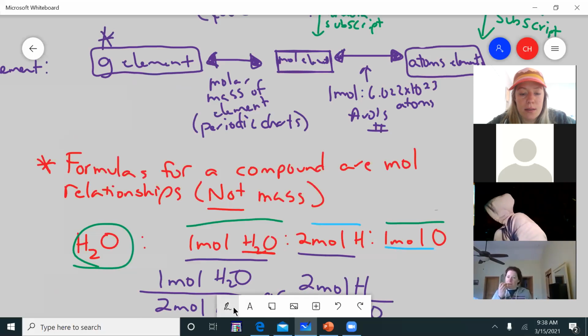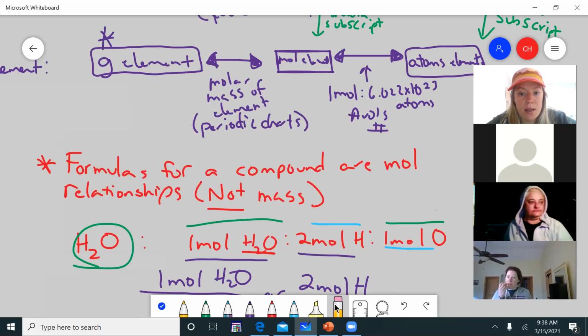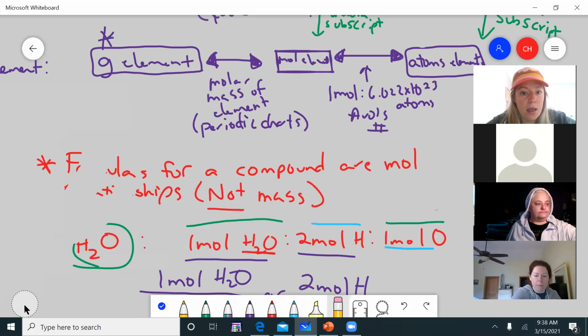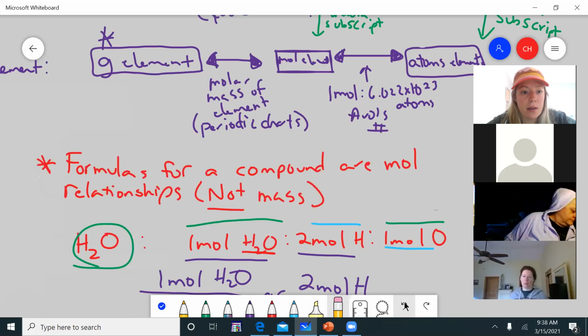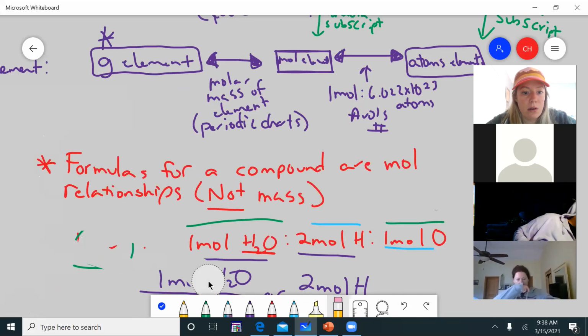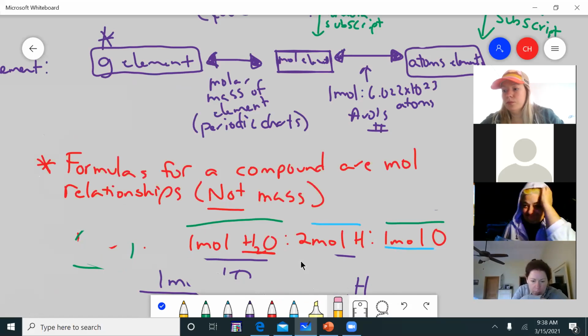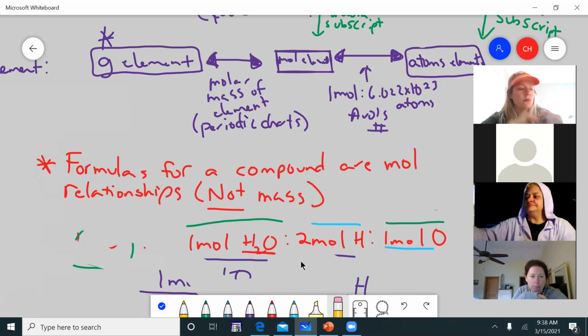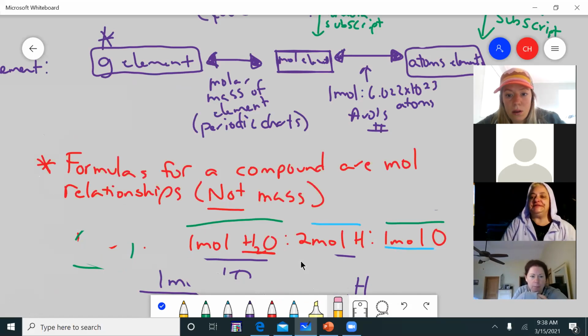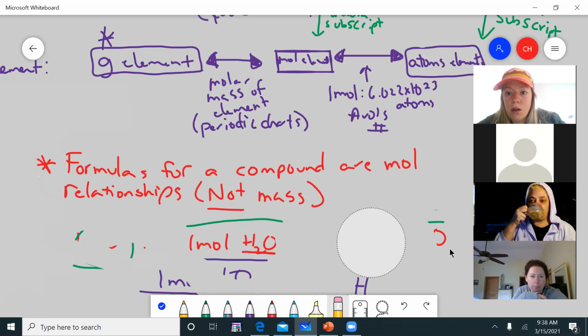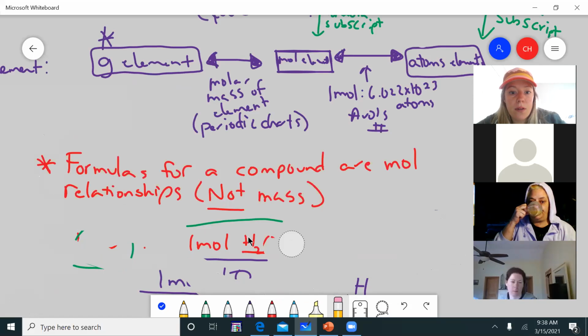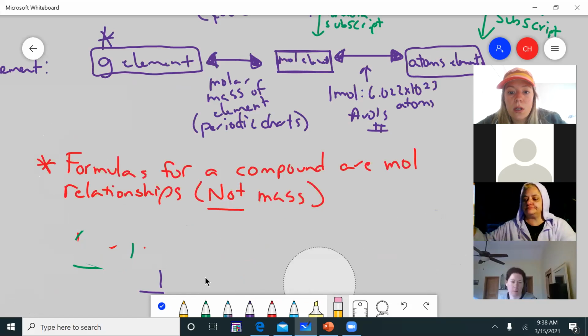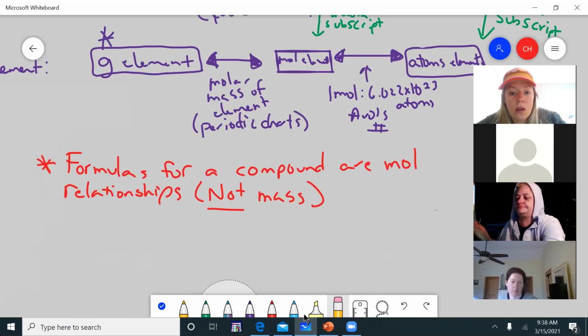So we had this big, hunky flow chart that shows us how we can move around compounds and also elements.